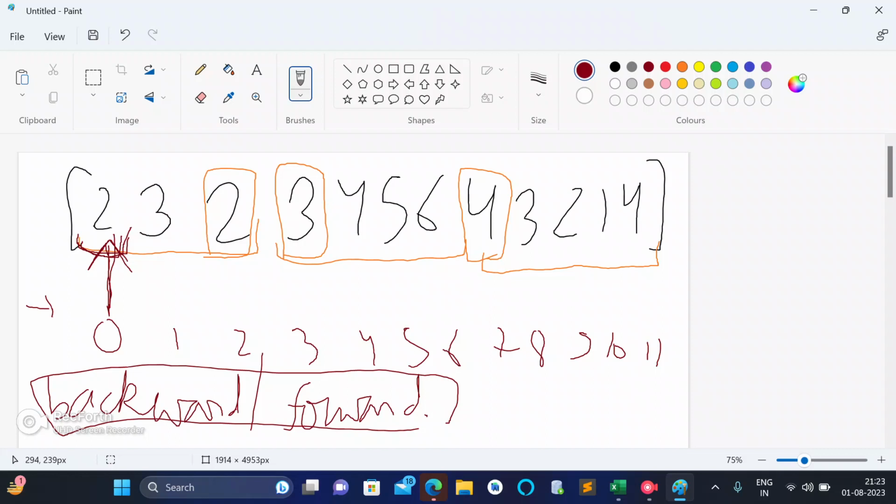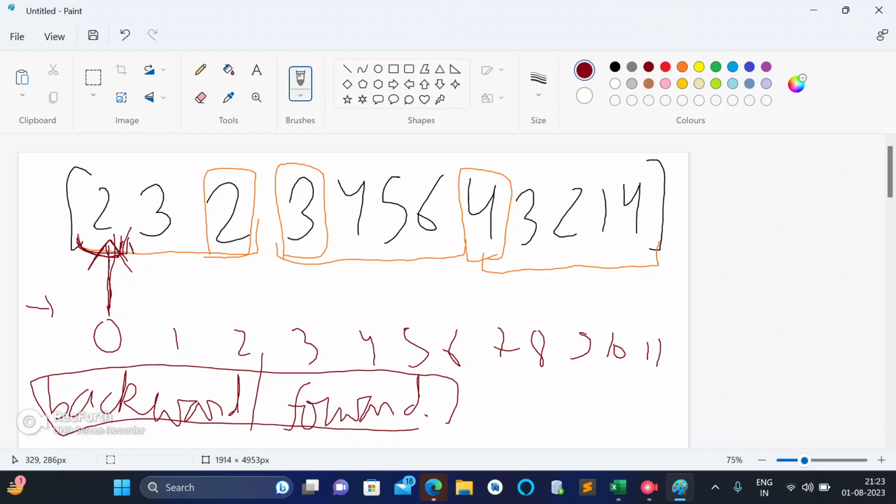Why does it fail the backward analysis? Because there is not even a single element. We actually want two elements before this zeroth position. As there are no elements before this zeroth position, I will say it fails the backward analysis. Now I move to the forward analysis. What I will say is, okay, I will see two positions ahead.